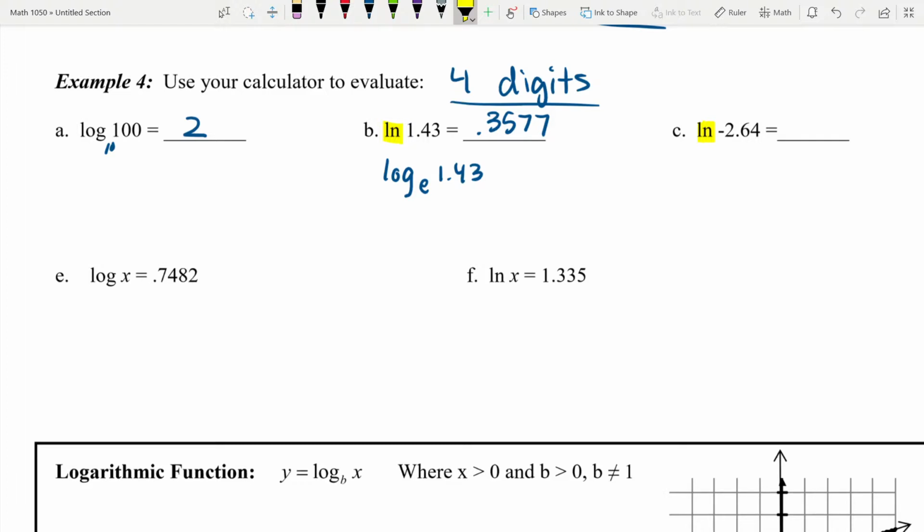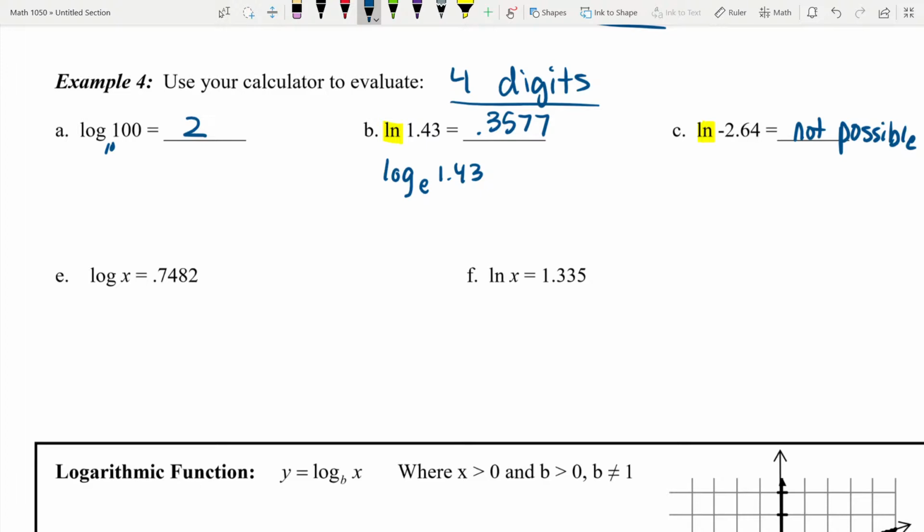Yeah, it's just log base E. So ln has to follow the same rule as log because it is a log. You cannot take the log of a negative number. Sometimes I have people say error. Well, yeah, your calculator gives you an error, but that's not it. So we're just going to say not possible. If you want to, go ahead and punch in ln negative 2.564 and you get error.